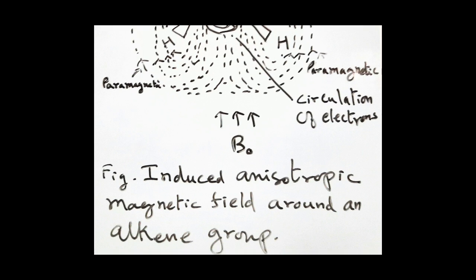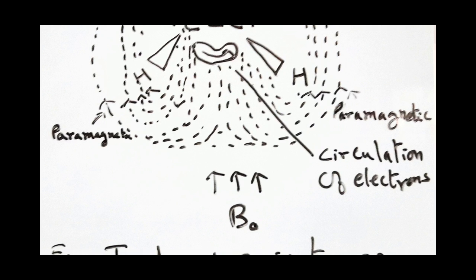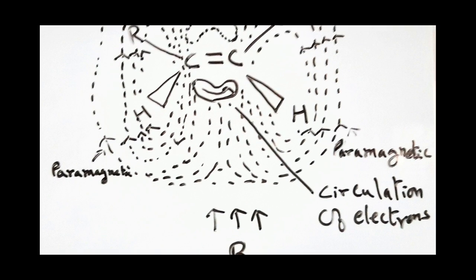We just saw how the induced anisotropic magnetic field produces a de-shielding effect around the protons, or the protons are experiencing a higher magnetic field. See, the magnetic field is paramagnetic. It is not opposing.